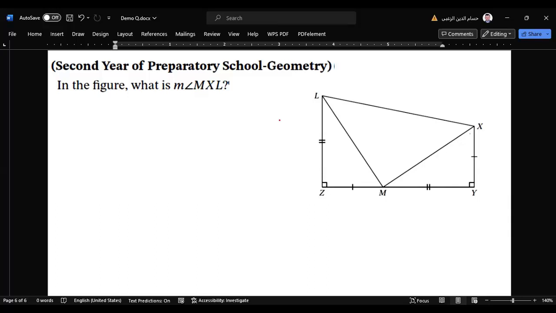Let's call them angle number 1, angle number 2, angle number 3, angle number 4, angle number 5, and here is number 6. If I use the method of numbering, I have to copy the figure in my answer sheet.